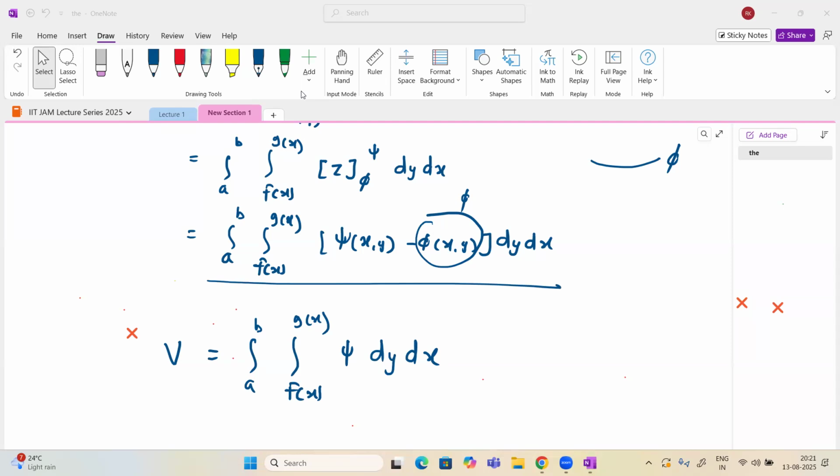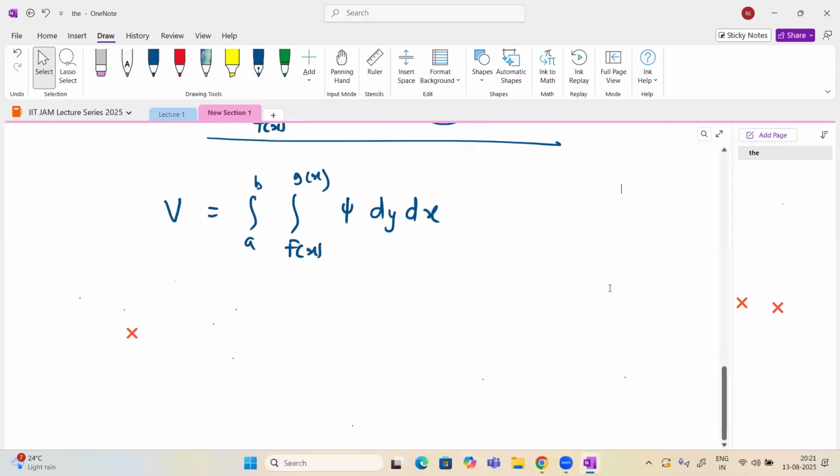Sir, I have one question. In a limit, I think all are integrable functions, like 1 minus x square, 1 plus x. But if there is a greatest integer function in the limit, then can it be integrated? Limit from x to greatest integer of x.